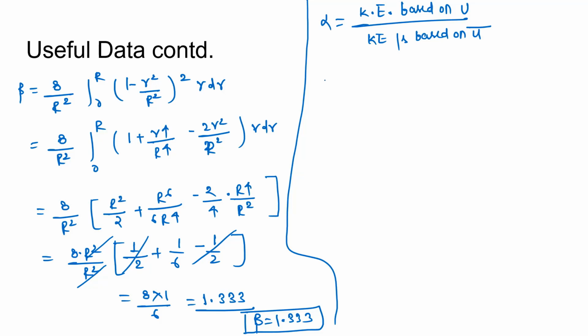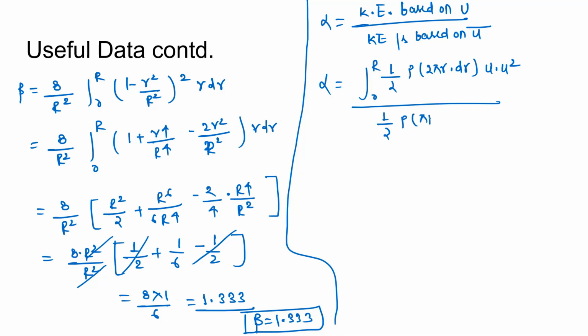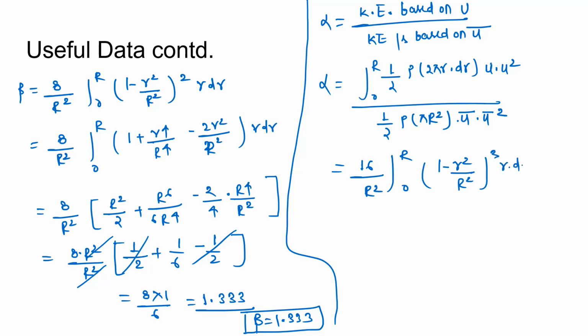Now if you put it in the equation, alpha equals integration 0 to R of half m v square, where mass will be rho into 2 pi r into dr into u square, upon half into rho into pi R square into u bar square. Now if you solve it, we will get 16 upon R square integration 0 to R of 1 minus small r square by capital R square whole cube into r dr.